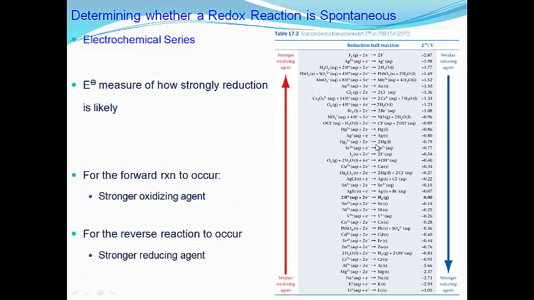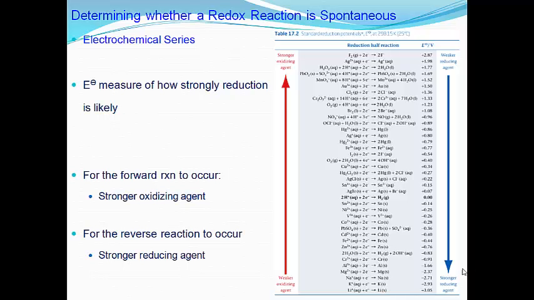When we go down the series, let's look at lithium. Li plus e minus to give us Li. Again, we're representing a reduction half reaction. We see a negative value, in fact a high negative reduction potential. This tells us that lithium plus is not likely to be reduced to lithium. In fact, the reverse is likely to happen.